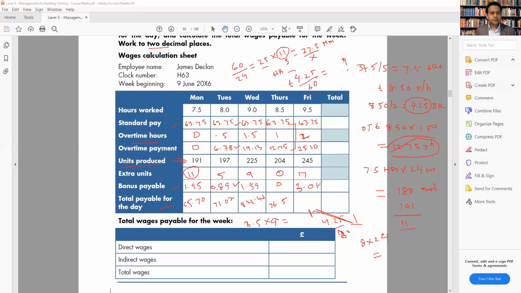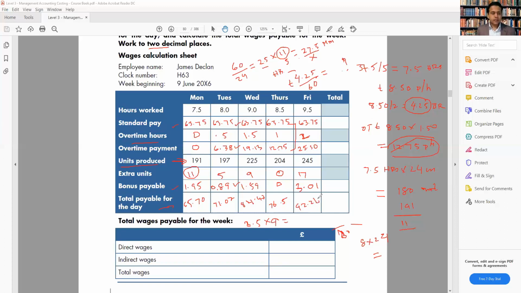Very well done. And finally, how much is the total payment for Friday? How much should we pay on Friday for this employee? 92.26. All right, 92.26.